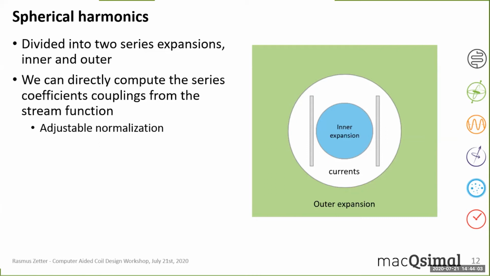Then instead of having lots of target points in a spherical volume, you just have the series up to L4 of spherical harmonics coefficients that you optimize for. We also have different adjustable normalizations in bfieldtools, so you can adjust the radius of your expansion according to your needs, depending on how big the target region is. These are tools to make things easier in coil optimization.